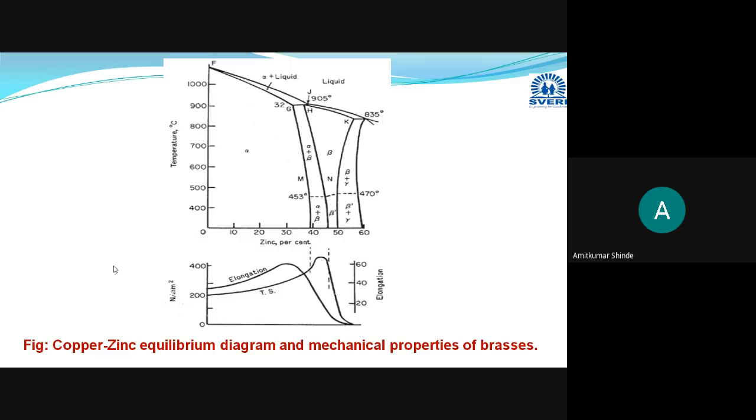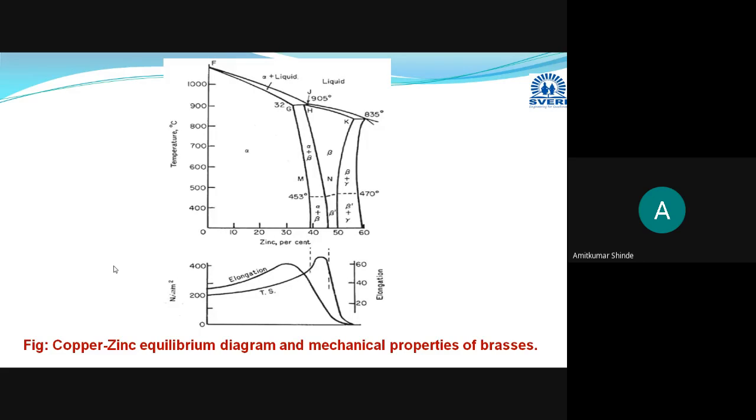Okay, this is your equilibrium diagram for brasses, and brasses are nothing but a copper alloy. Copper alloys are classified as brasses and bronzes. When the alloying element with the copper is only zinc, it is termed brass. And if copper forms alloys with any other element other than zinc, it is termed the respective bronze.